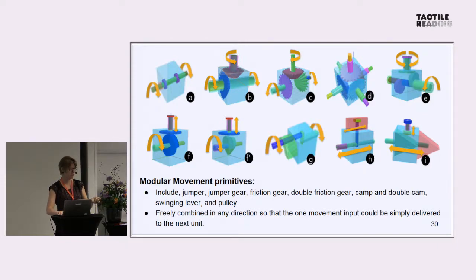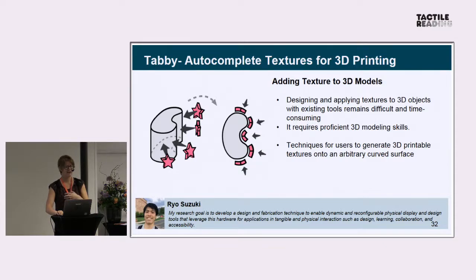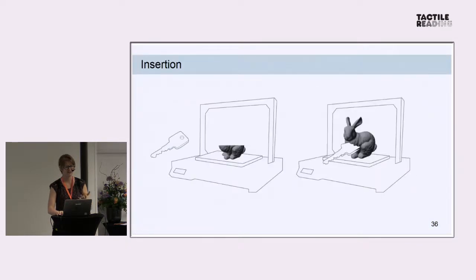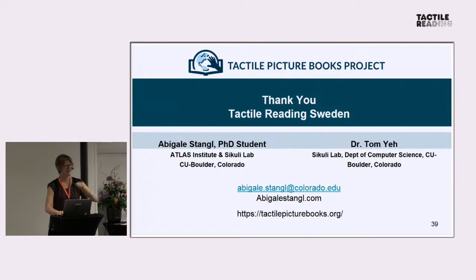So this is on Thingiverse right now, and again, I can provide more information. And finally, we're looking at how to develop the technical infrastructure to put textures on curved surfaces. And so that's working with algorithms to identify the geometry of these surfaces. And with that, I'm done. Thank you.